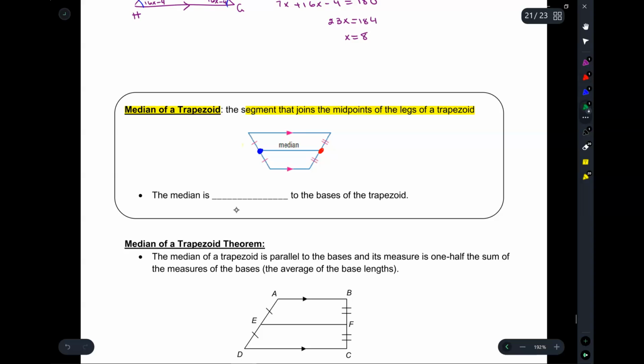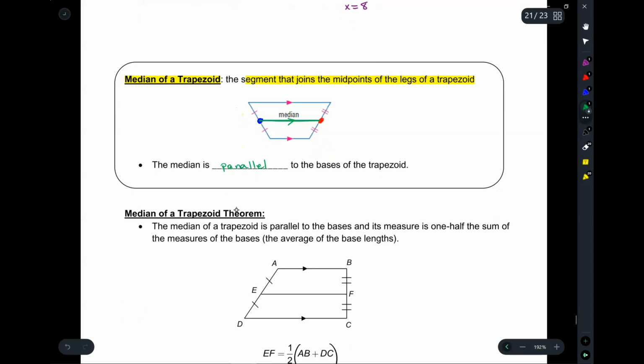And what you have to do is connect those 2 midpoints, and what you have, that green line, is a median. It connects the 2 midpoints. And the thing about a median is it is parallel to the bases of the trapezoid. All right, so all these 3 are parallel to each other.